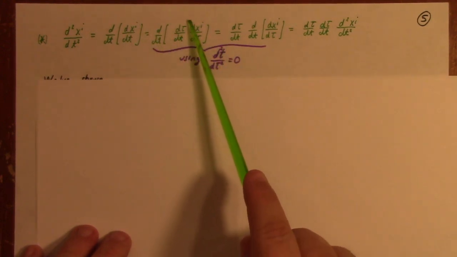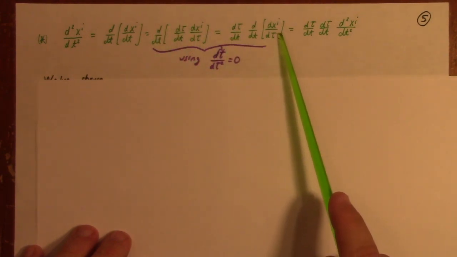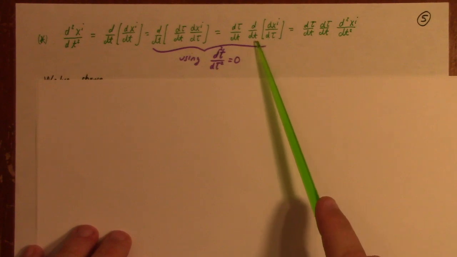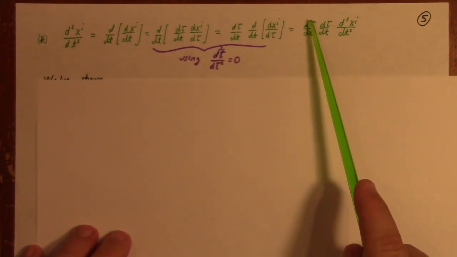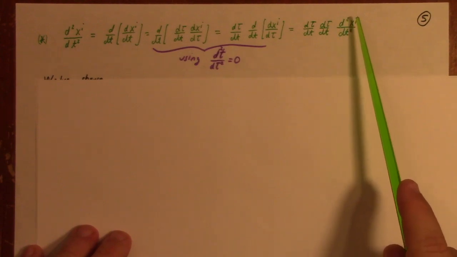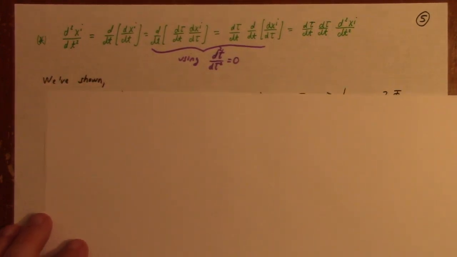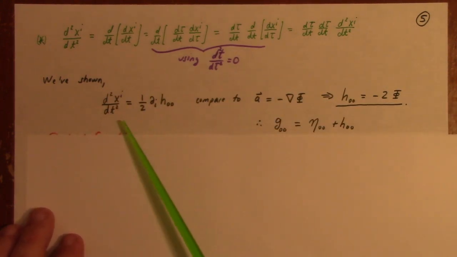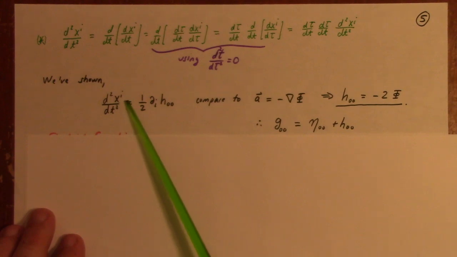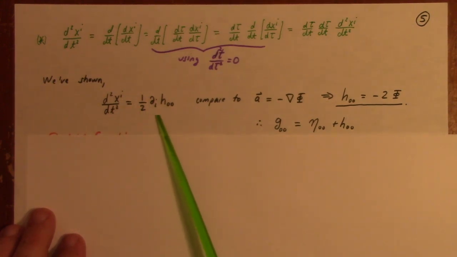Anyway, long story short, this pulls out, and then you're left with this here, which you can do the chain rule on again, and you get d tau dt, d tau dt, d squared xi dt squared. And so we've shown that d squared xi dt squared is equal to this.